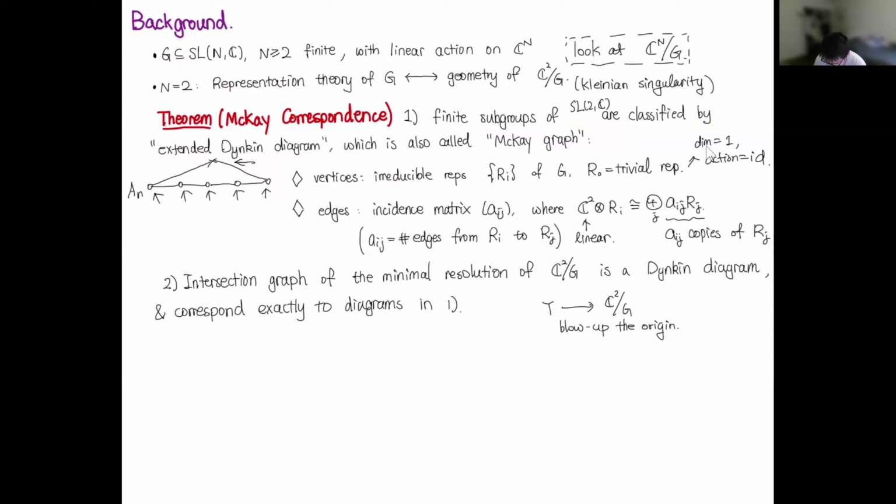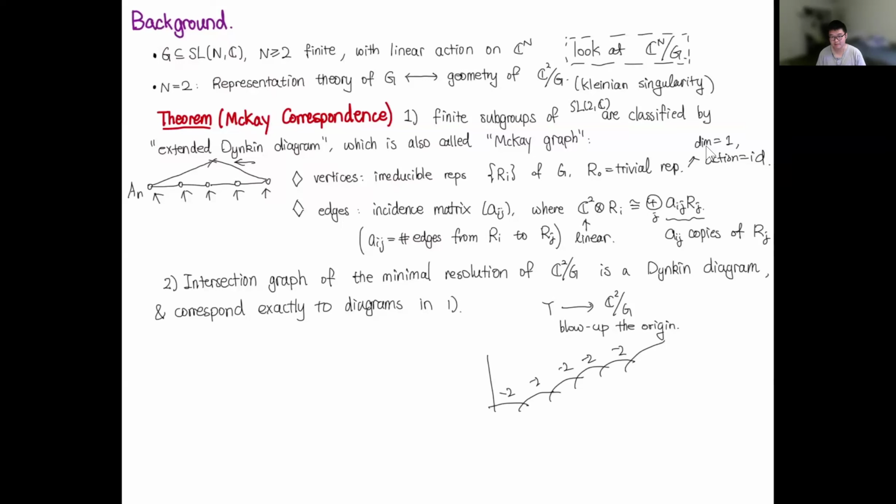So in the end, what you get is a bunch of P^1s, each of them a -2 curve. And you can look at its intersection graph.